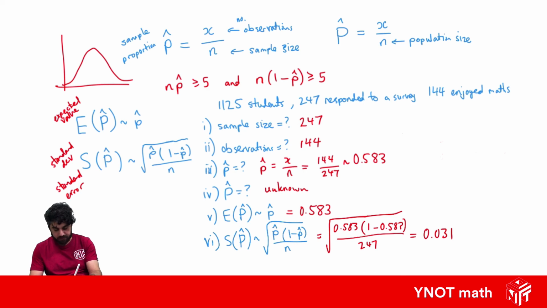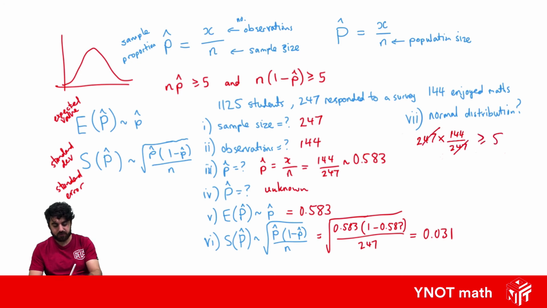Now the last thing we want to do is we want to know, can this distribution be approximated by a normal distribution? And we know if that's the case, it has to satisfy both of these conditions here. So we're going to get n, which is 247, times our sample proportion, which is 144 over 247, and it has to be greater than or equal to 5.